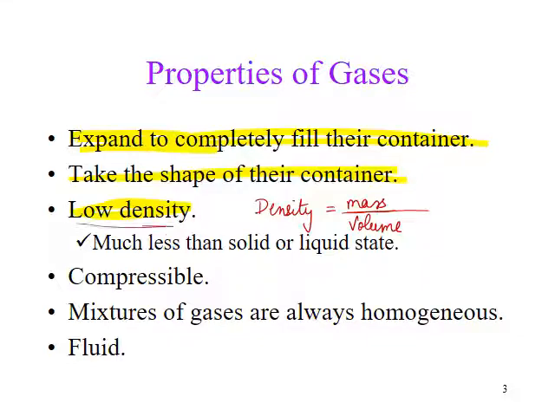That is why gases have much lower density in comparison to their solid or liquid form. They are compressible, and a mixture of gases is always homogeneous. For instance, air is a mixture of gases. It consists of nitrogen, oxygen, and a bunch of other gases. That mixture is always homogeneous, and it's usually a fluid, which means it can flow.